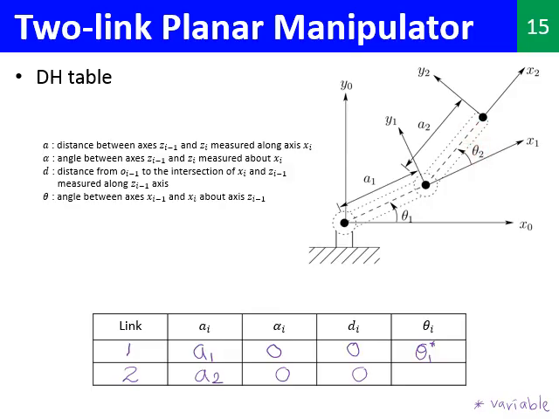Theta 2 is also a variable because of the second joint. So we can put theta 2 here and an asterisk. So with that we have completed the DH table for the two-link planar manipulator. I hope you understood.